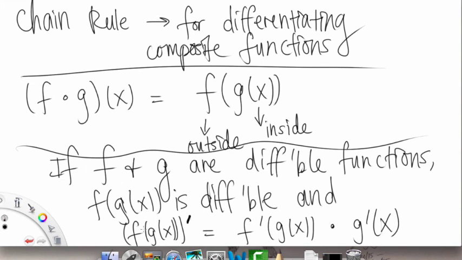I'll write this last line at the top of the next slide, and go into more detail about what it means.